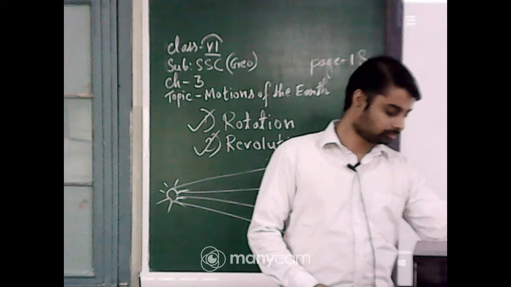So now I am going to discuss how the two halves of the earth are illuminated by the sun, and it creates 12 hours of day and 12 hours of night, and together they are 24 hours.